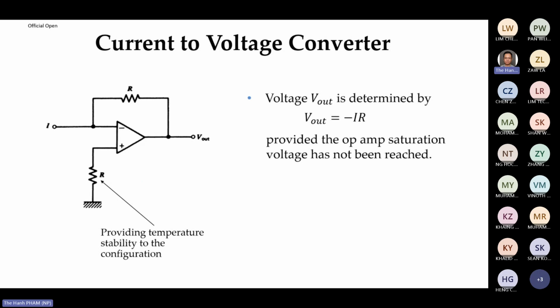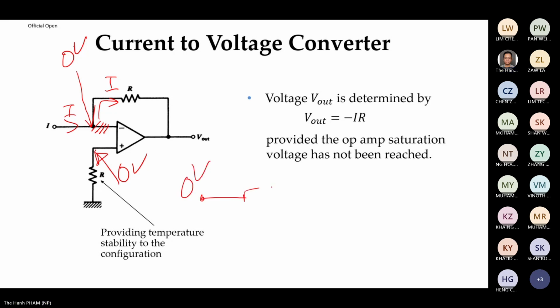And let's take a look at the current to voltage. Suppose you have a current. Now, this one is also quite easy to understand. If you have a current entering this point, the current cannot go inside the op-amp, right? The current must flow here, and at this point it is 0 volt. Then at this point is also 0 volt. So you have one end at 0 volt, you have R, you have current I, and then here is your VR.